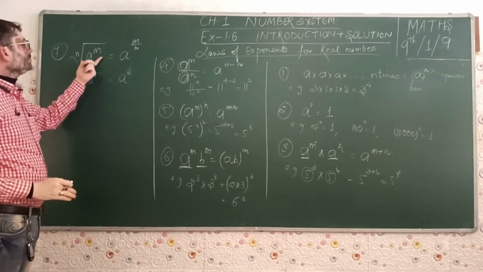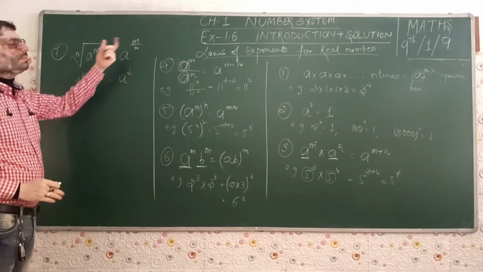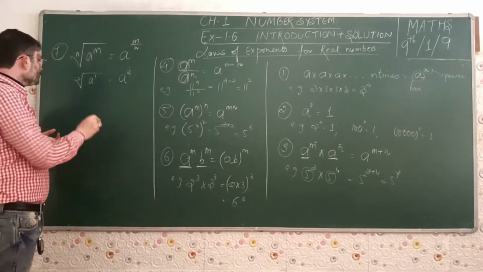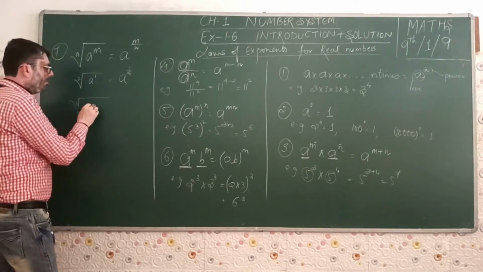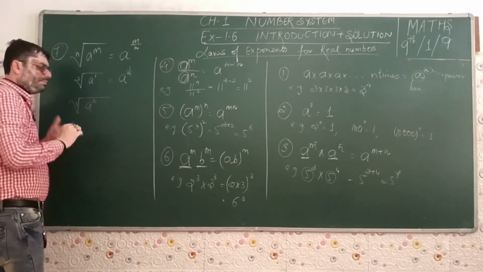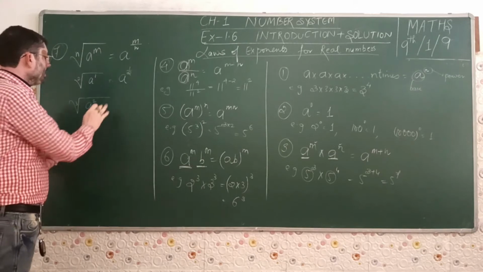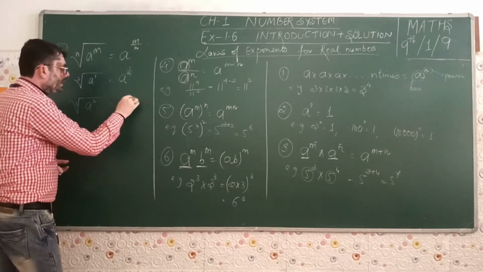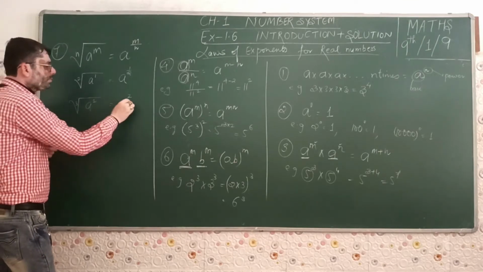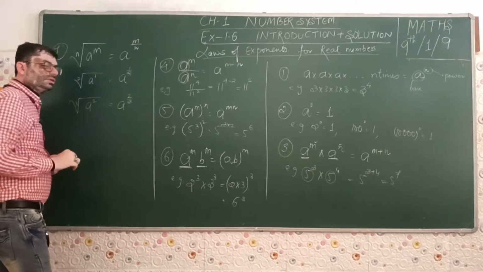Nth root of a to the power m is equal to a to the power m by n. Suppose you were asked to find the cube root of a square. This would have been a to the power 2 as it is, and the cube root means this is upon 3.